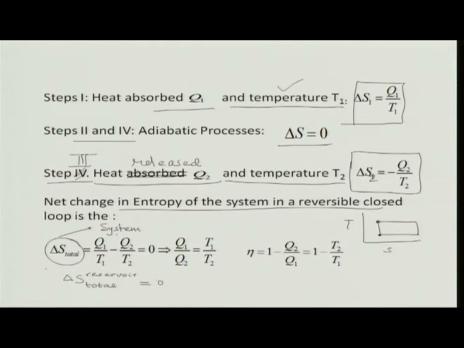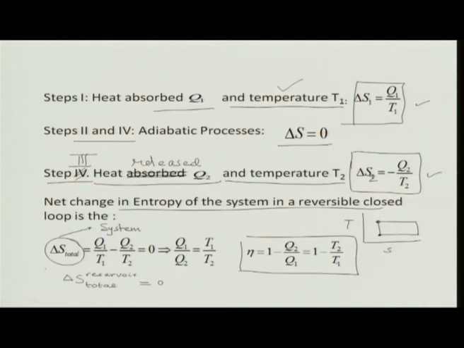So, S total of the system is Q1 by T1, this quantity, minus Q2 by T2, which is this quantity, which should be equal to 0. So, Q1 by Q2 is equal to T1 by T2. So, what is the efficiency? Efficiency is 1 minus Q2 by Q1, which immediately gives me 1 minus T2 by T1.